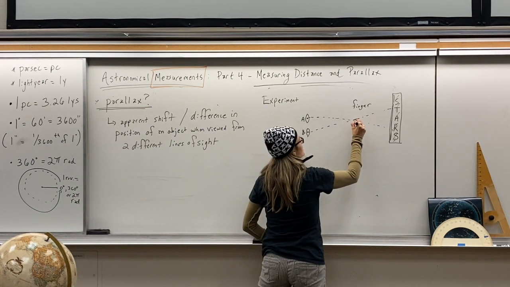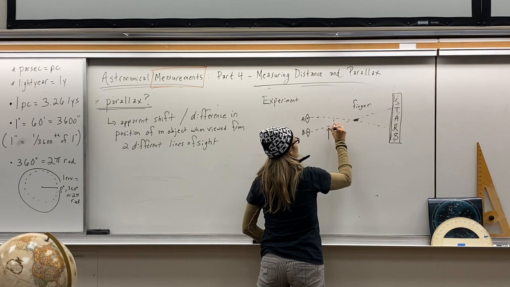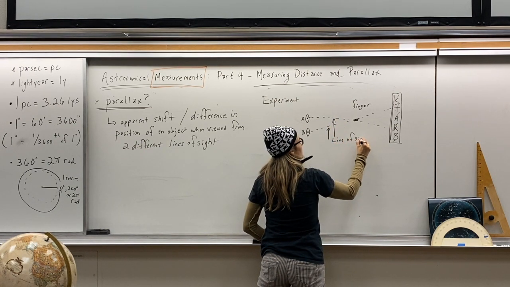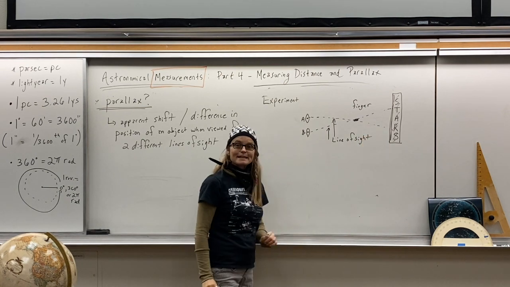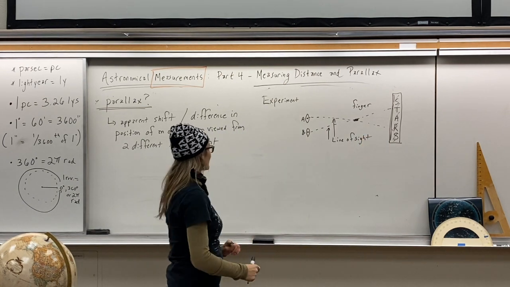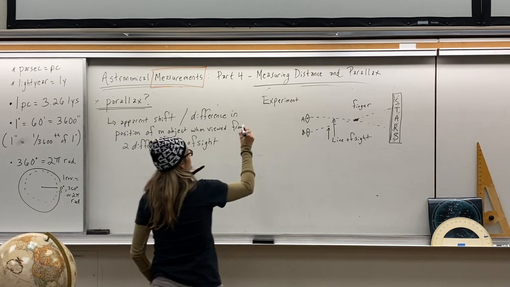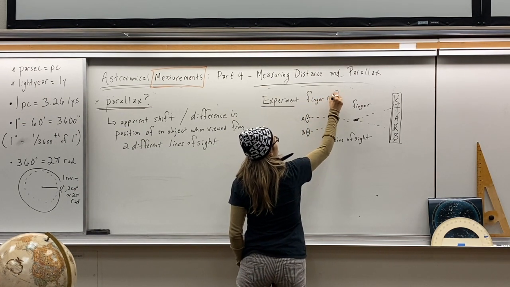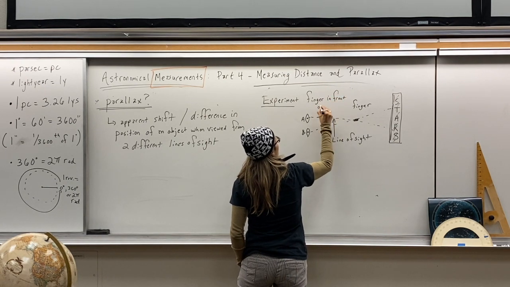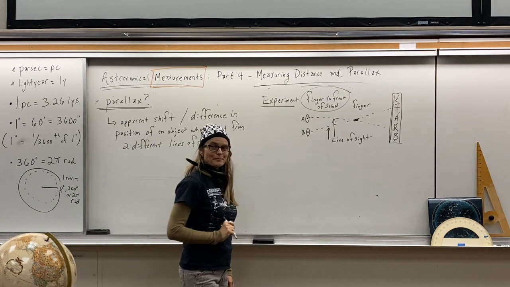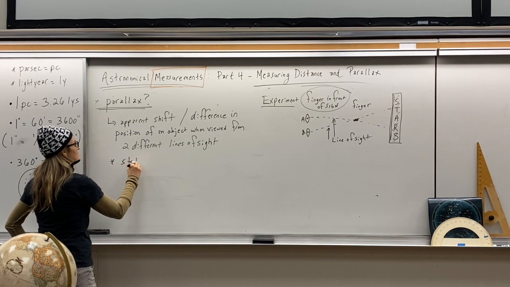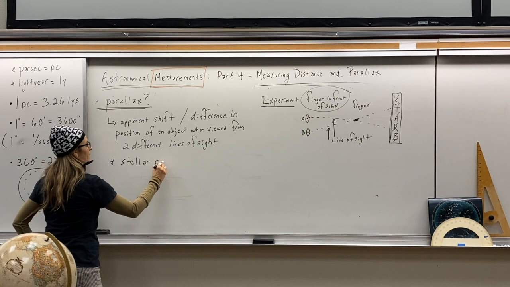This is our line of sight here. There's some splendid geometry involved, and that's what we're doing. So you do a finger in front of a sign. Try it out. Now, moving on, let's go ahead and look at stellar parallax.